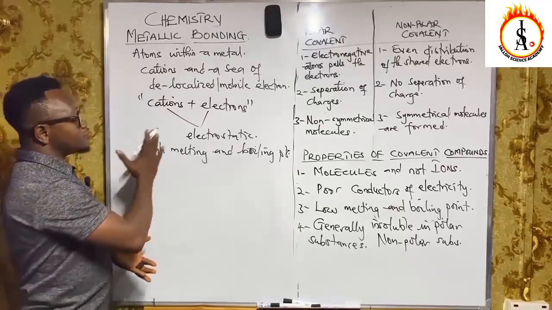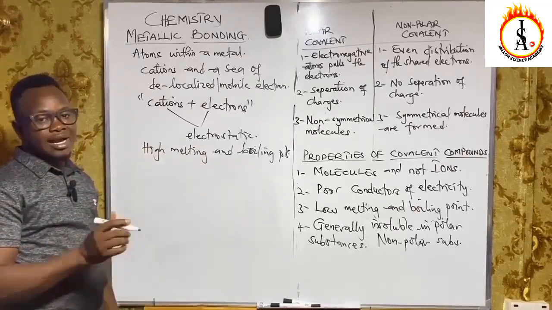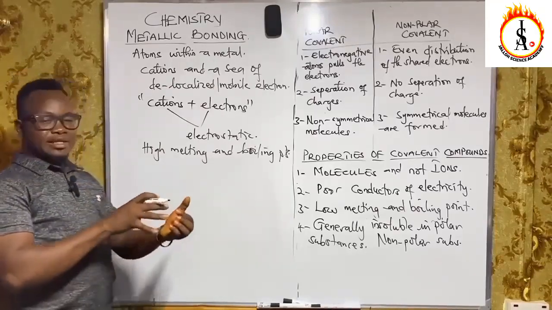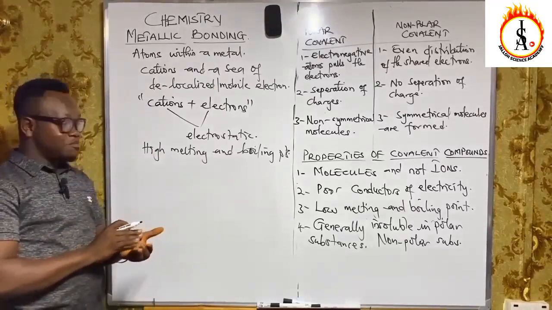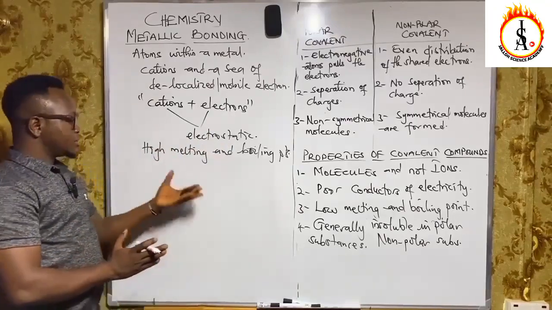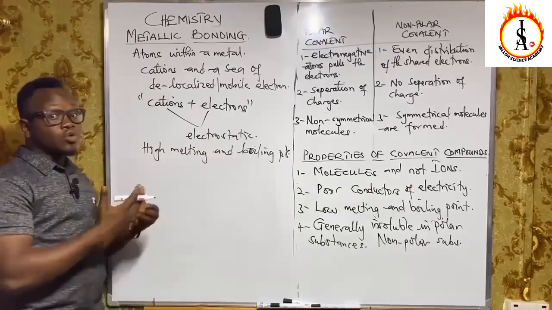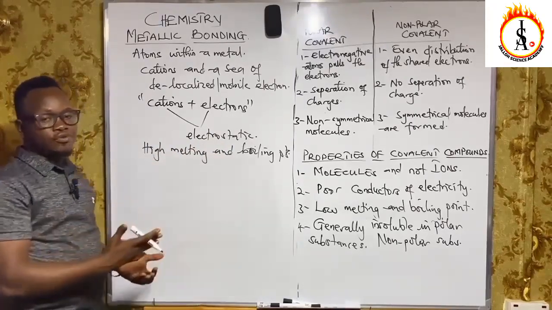And also the valency electrons in metallic bonds are not localized. If we say something is localized, meaning it is stuck in one position, but these ones are delocalized, meaning they can move about freely. And that is also what leads to metals being good conductors of electricity, as electricity is a flow of electrons.